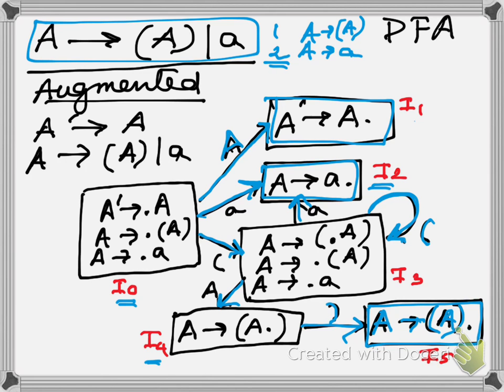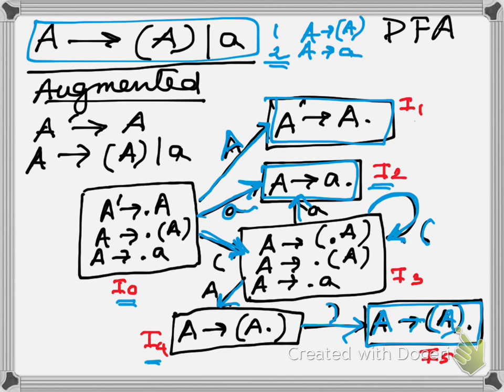Otherwise, put it in the action section. Now there can be only two types of actions, shift and reduce. If the item is not a final item, then you use shift to that particular state, and you put it under the column which is the label of the transition.